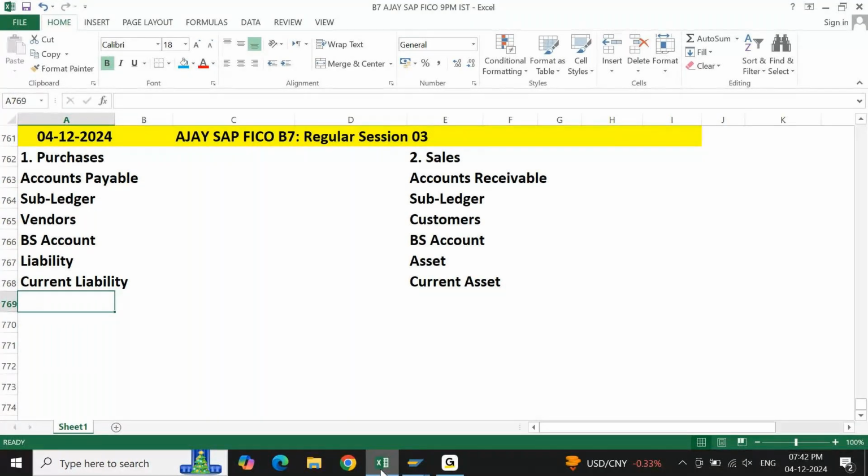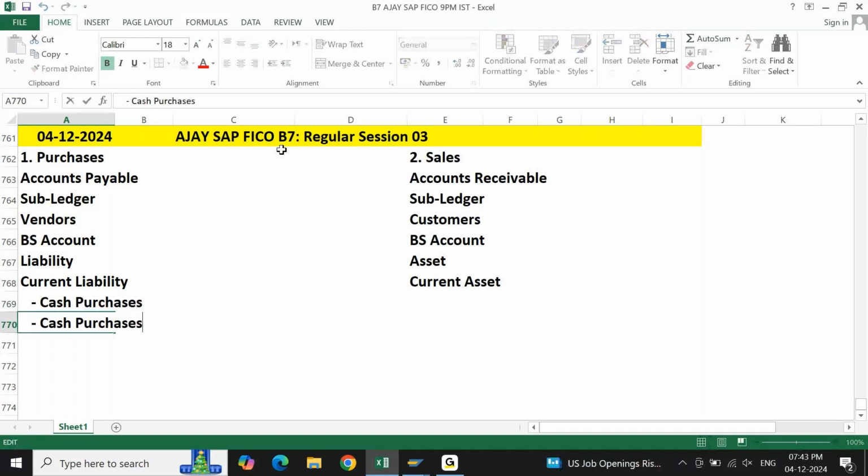Credit purchases, cash purchases, and assets. Let me put cash purchases. Let me also put credit purchases.